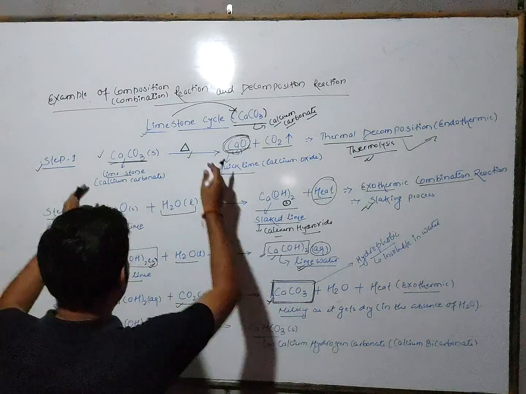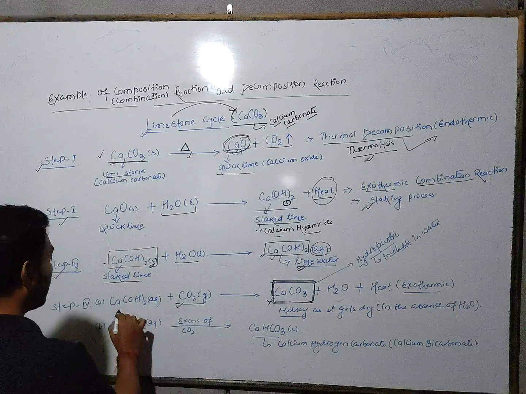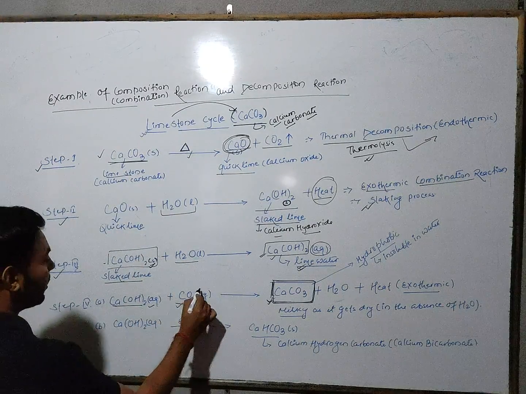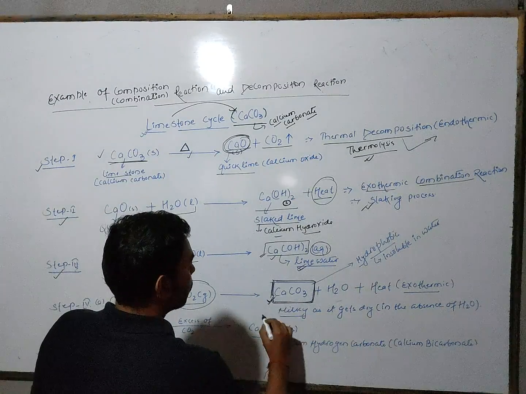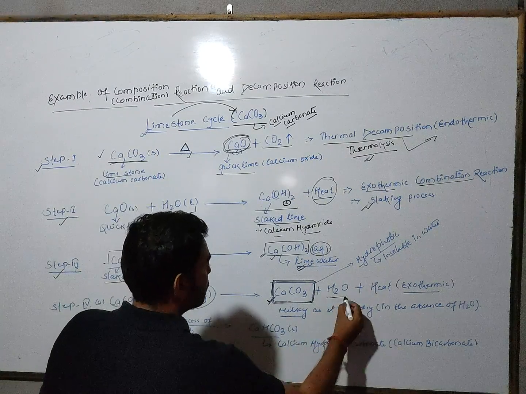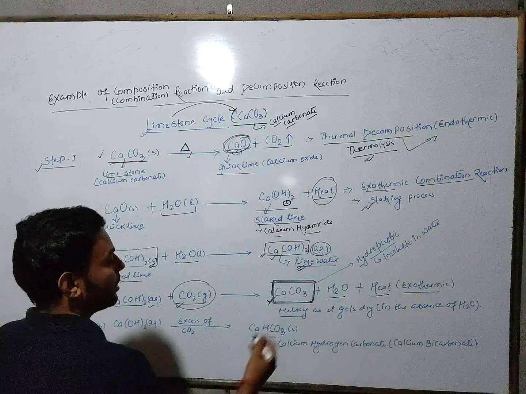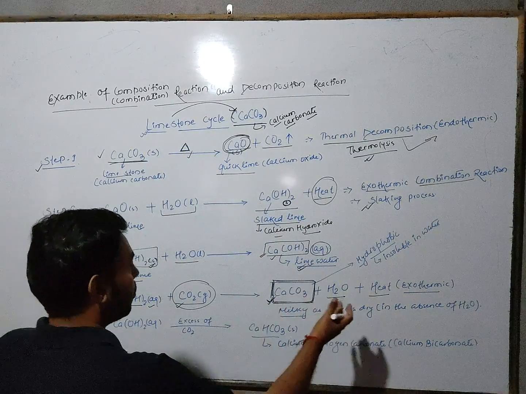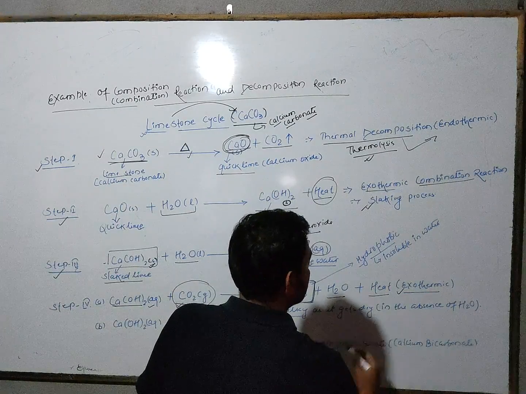Hence we can say that all these cycles are interrelated and interconnected. So calcium hydroxide in aqueous solution, when combined with carbon dioxide, gives calcium carbonate plus H2O and releases some amount of energy.